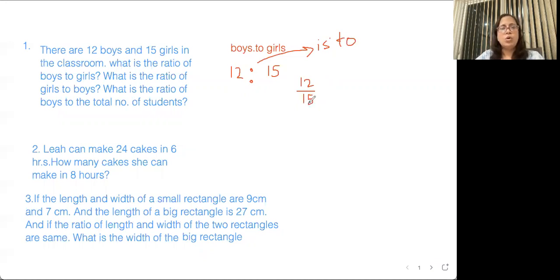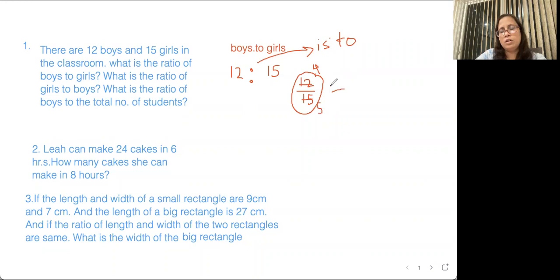Okay, now if it is not in simplified version or not in lowest form, we can make it in lowest form. As you can see here, 12 and 15 both have the common factor 3. So we can divide 12 and 15 by 3, right? 12 by 3 is 4 and 15 by 3 is 5.